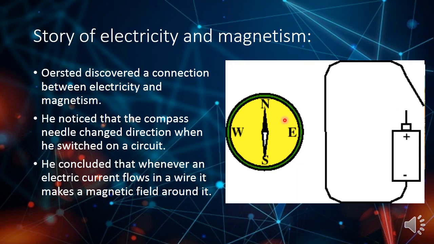It means that there is a new magnetic field produced from the wire itself, because the electricity flows in it. Of course, it is a temporary magnet, or we call it an electromagnet. The wire itself behaves as a magnet.